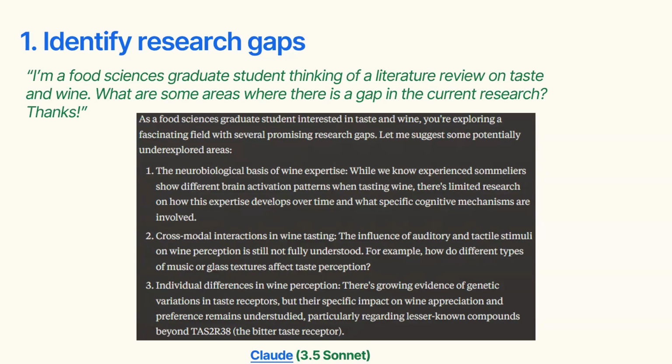Okay, and individual differences in wine perception, genetic variations, right? Kind of interesting. These probably won't all apply if I'm a food sciences graduate student and I have a particular area of interest. I maybe want to be a little bit more specific on what question I'm asking. Maybe one of these sparks my interest, and I'm going to say, give me more details on number one, neurobiological basis of wine expertise.